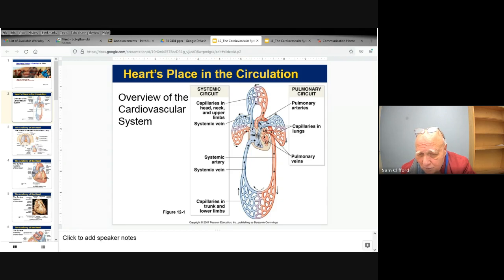Notice this is the pulmonary artery right here, the pulmonary trunk, pulmonary arteries. So there are two circulations: blood going to the lungs and back, and blood going everywhere else and back. That's called the systemic circuit and the pulmonary circuit.